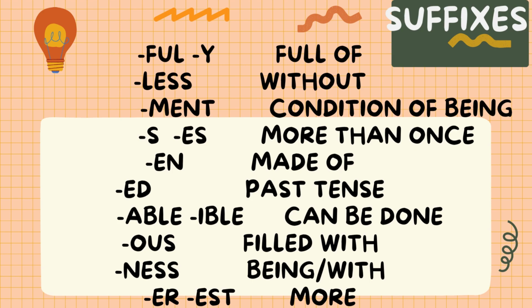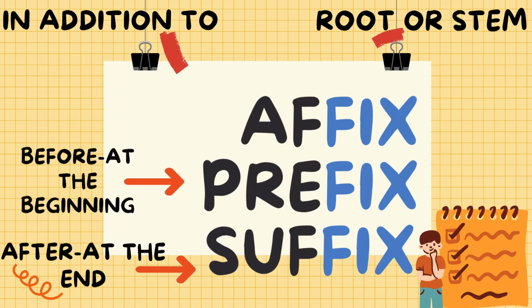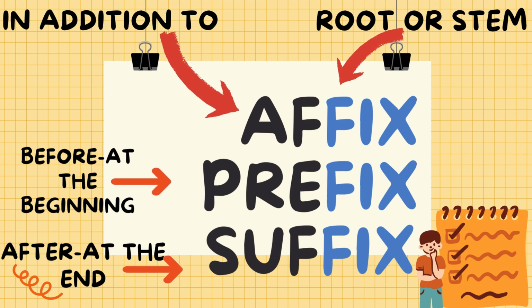Hope you have a better understanding of the different types of affixes and the examples presented here. Let's recap what we have learned so far. All right, as you can see, we have affix listed at the top, in the middle, and we have prefix and suffix. At the end, we have FIX, which is fixed. What does this mean?